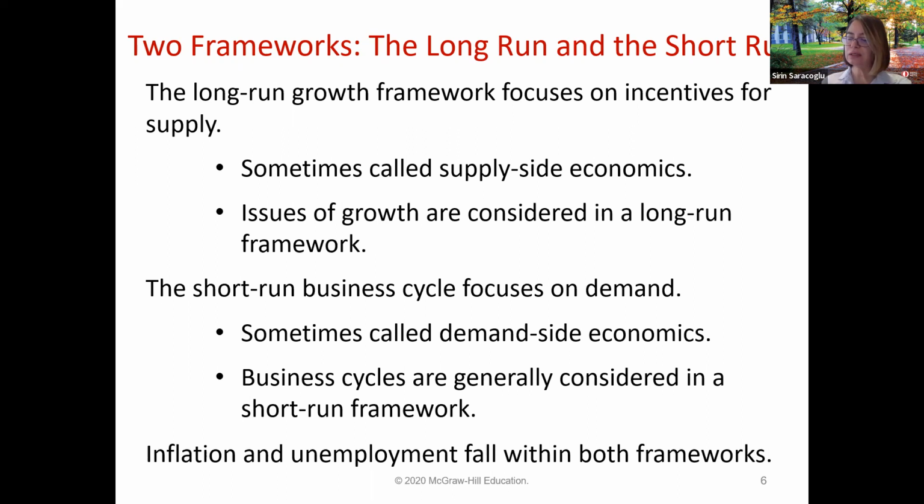How can we correct business cycles through demand-side policies, such as how can we motivate consumers and firms to spend more so that the economy will be motivated to produce more to meet the demand, or how can the government apply demand-side policies such as fiscal policies affecting government spending and taxation, and also monetary policy?